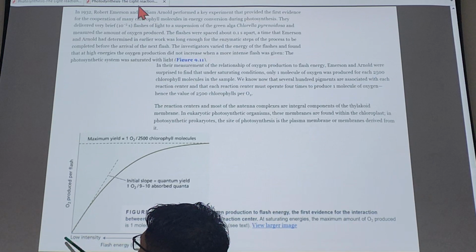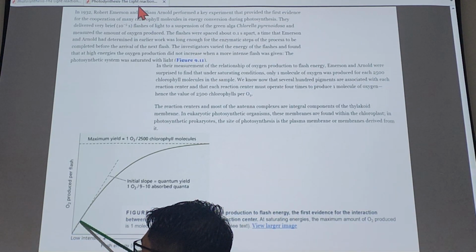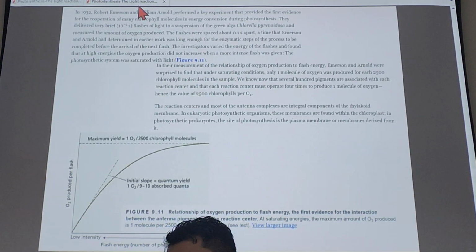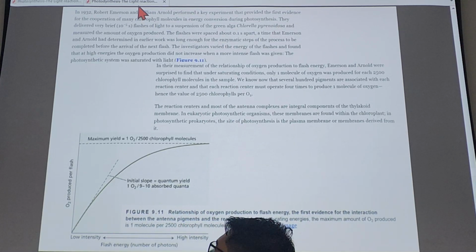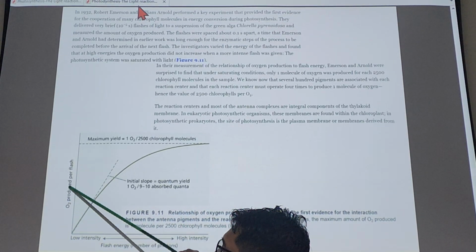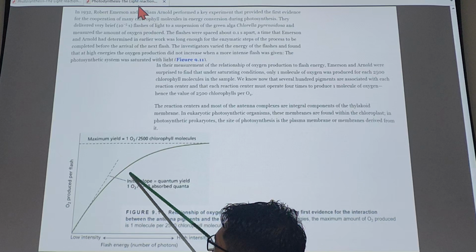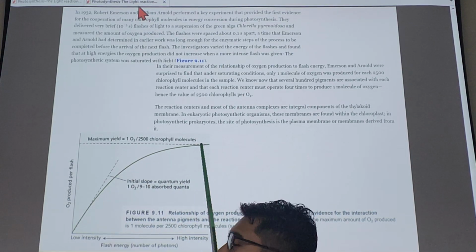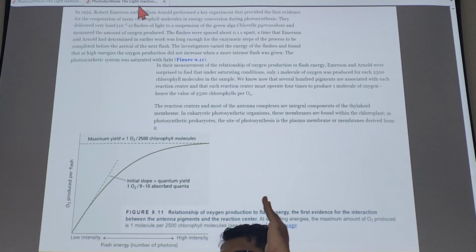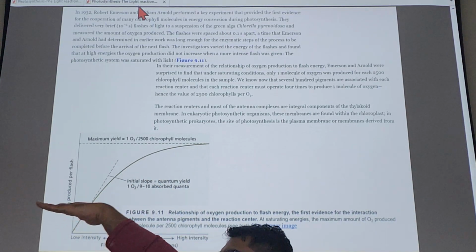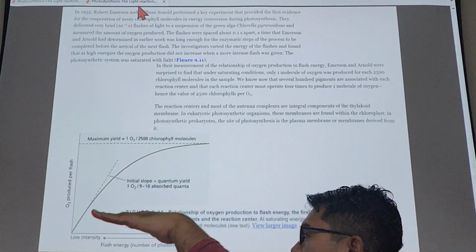You can see here, as the number of photons increases, meaning that you increase the intensity of the light, more oxygen is produced. But at some point, it starts to plateau. The curve starts to relax and becomes more and more flat.